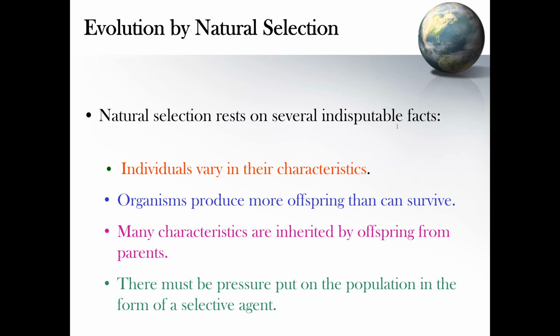So let's look at these requirements for natural selection one more time. Individuals have to vary in their characteristics, and that comes about through random genetic mutation. Another requirement is organisms produce more offspring than can actually survive in their environment.